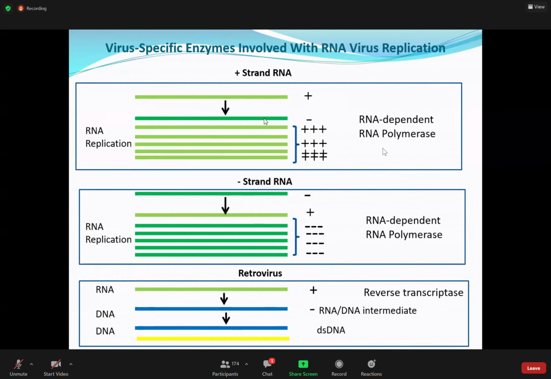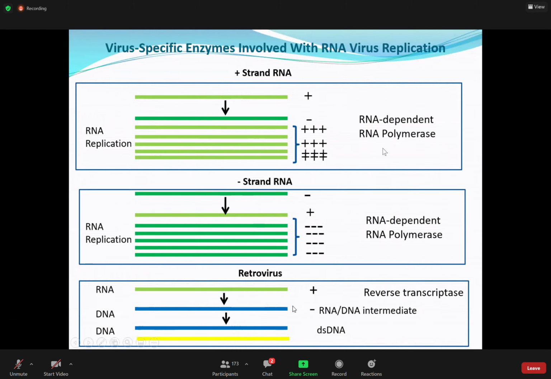Then we come to this third type of RNA virus, in the case of HIV, or even COVID-19, well, no, not COVID-19, it's not a retrovirus. In the case of HIV, these viruses have plus strand RNA. When they infect a cell, from that RNA template, they make DNA, minus strand DNA. So they have a hybrid between a plus strand RNA and a minus strand DNA.